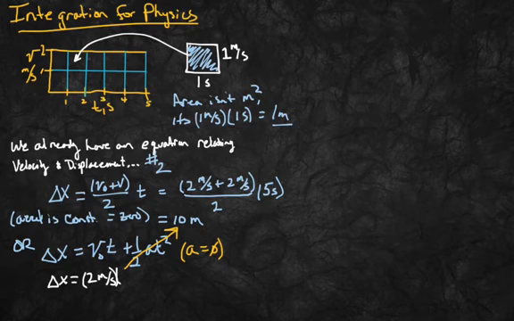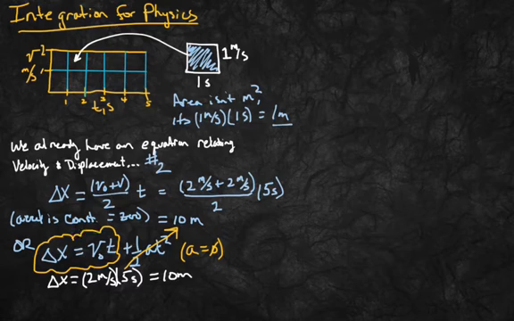So it equals 2 meters per second times our 5 seconds, which equals 10 meters. Funny how that answer hasn't changed yet. All right, so we're going to take that part right there and move on.